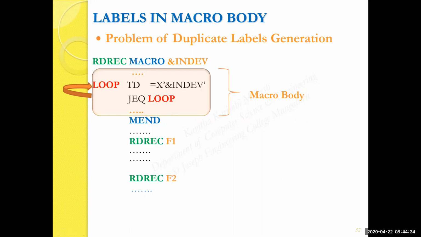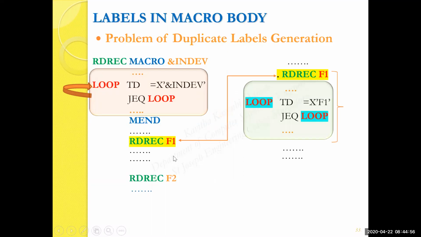So as you know, whenever a macro is invoked, statements forming the body of the macro will be generated as a part of macro expansion with parameters replaced with arguments. So basically, for the first macro invocation, INDEV would be replaced with F1. And during the second invocation, INDEV would be replaced with F2.